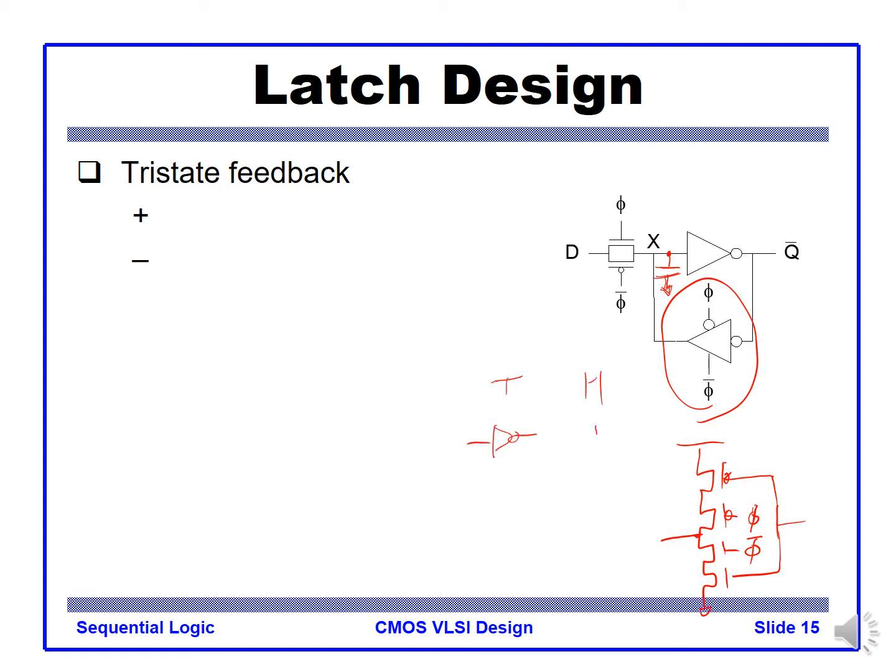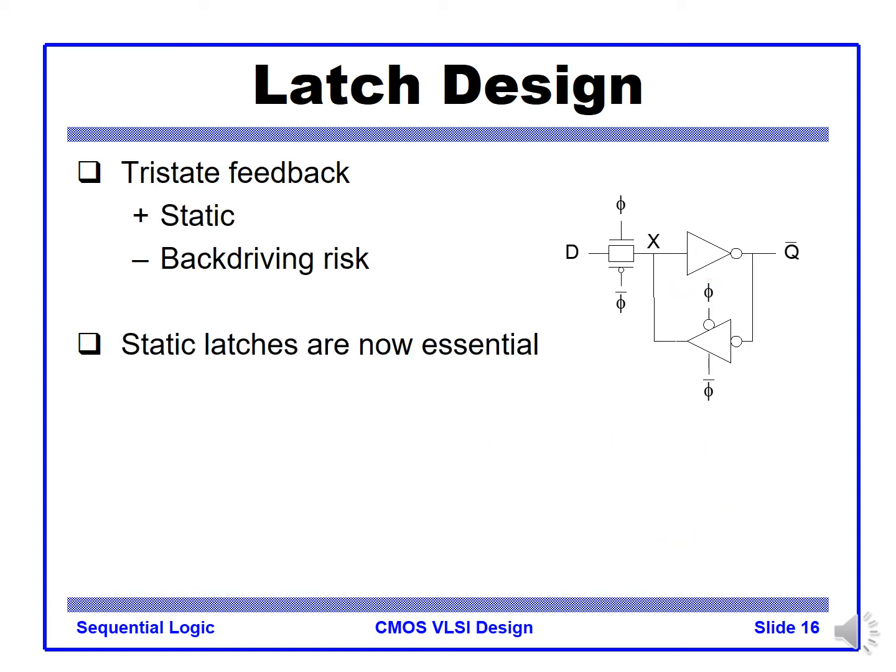In hold mode, it constructs a back-to-back inverter structure, right? So that we can remove the parasitic effect. In this implementation, we can ensure that all the internal nodes are driven in any mode, right? So it becomes just static logic.